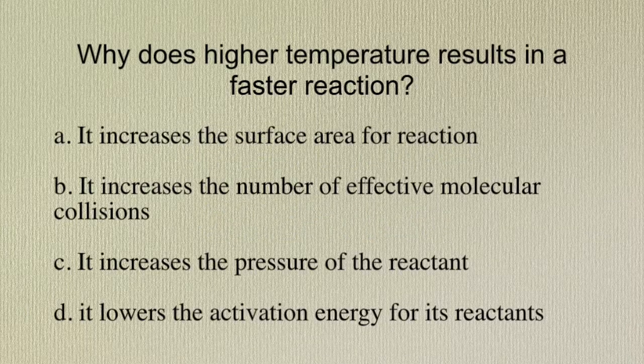Why does higher temperature result in a faster reaction? A. It increases the surface area for a reaction. B. It increases the number of effective molecular collisions. C. It increases the pressure of the reactant. Or D. It lowers the activation energy for its reactants.